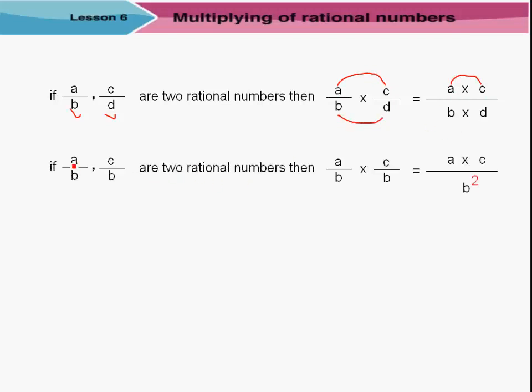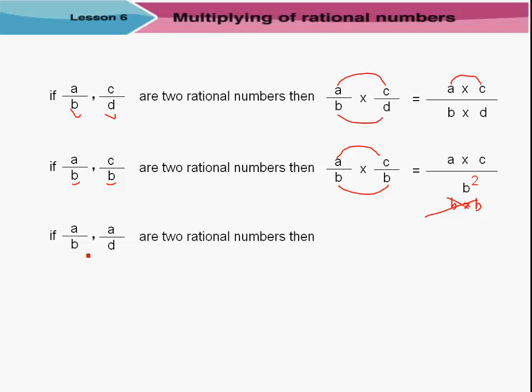Also, if we have A over B and C over B, where the denominator is the same, B, the multiplication of these two rational numbers will be A times C over B times B. B multiplied by B means B to the power 2, or B squared.